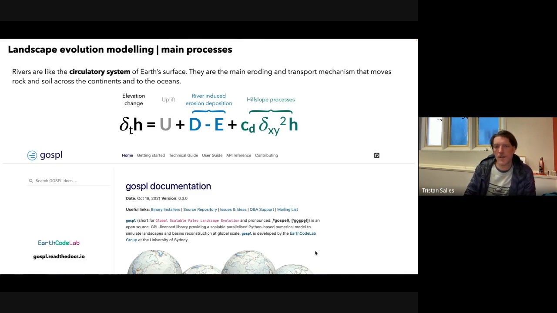And a second process, which is related to rivers. There are other processes, obviously, that are going to impact the surface of the Earth, such as a landslide, for example. But we choose to use rivers here because, again, this is an analogy maybe with a human body, rivers are seen as a circulatory system of the Earth's surface, transporting the sediments from mountains to the ocean.